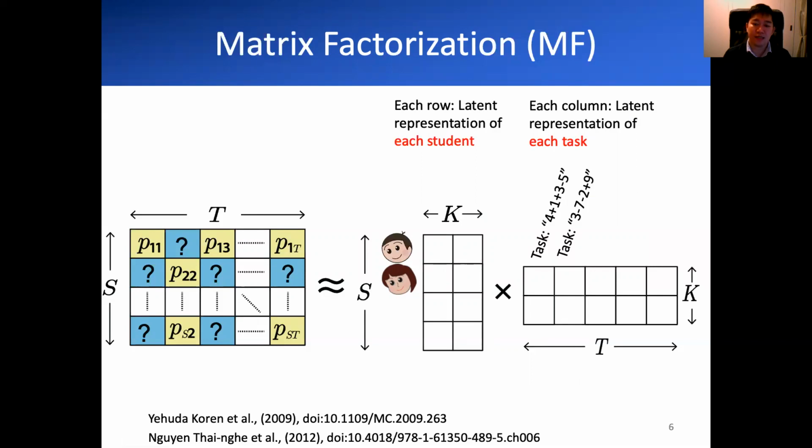Once you acquire the latent vector for a given student and for a given task, respectively, you can estimate the unknown performance of that student in that task by calculating the inner product of the vectors.